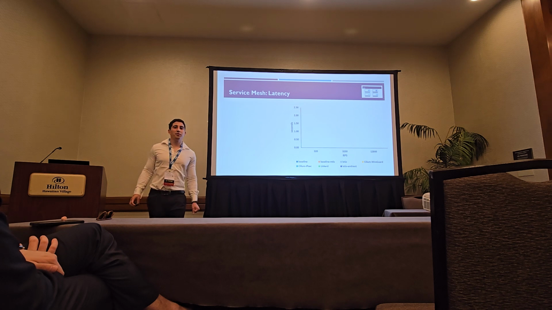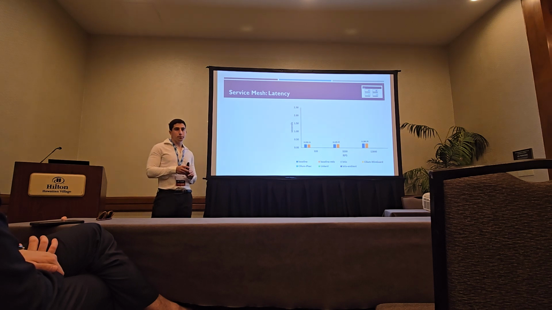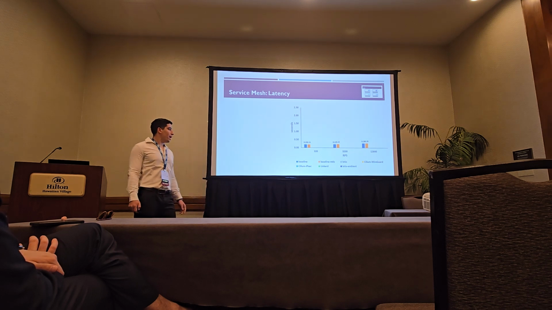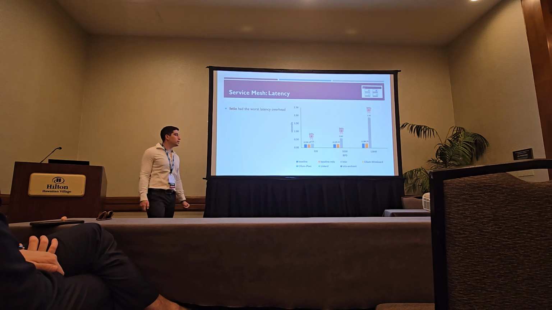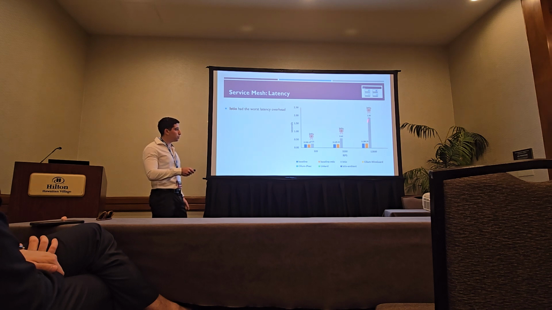Now we can finally get to our service meshes. We start with latency. First we have our baseline from previously. Then we have Istio, which was the worst in terms of latency of all the others, with huge overhead. As you can see, this is huge.